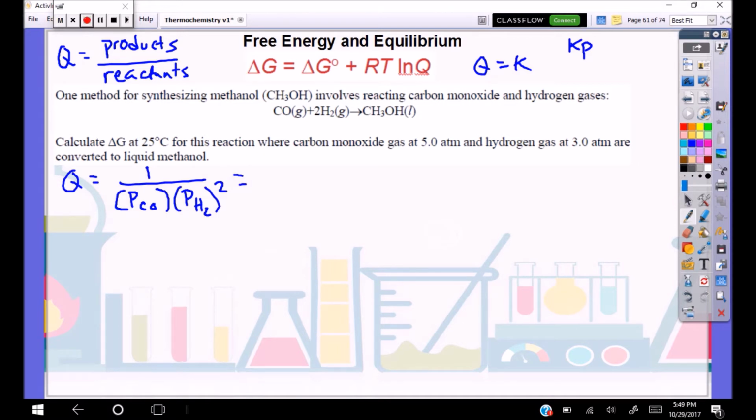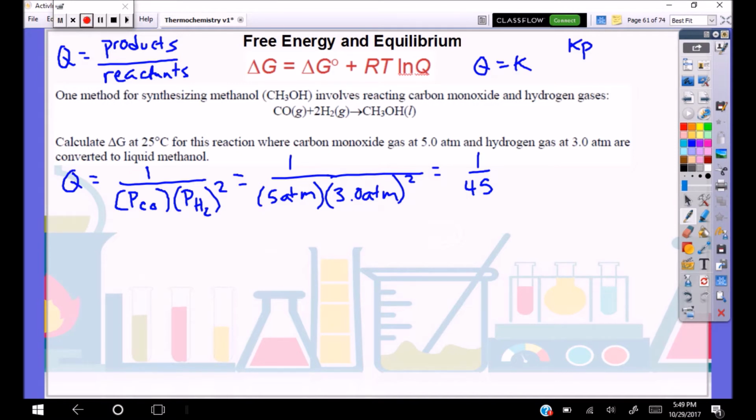Okay, so when we put in our numbers, we've got 1 over 5 atm for my carbon monoxide times 3 atm for hydrogen, and that's squared. All right. 3 squared is 9, and 9 times 5 is 45, so my Q is going to be equal to 1 over 45 in this problem. Okay, we are going to plug that in for natural log of Q later on.